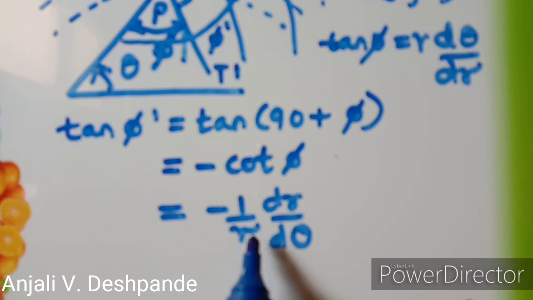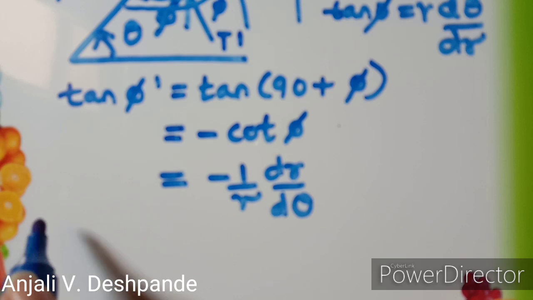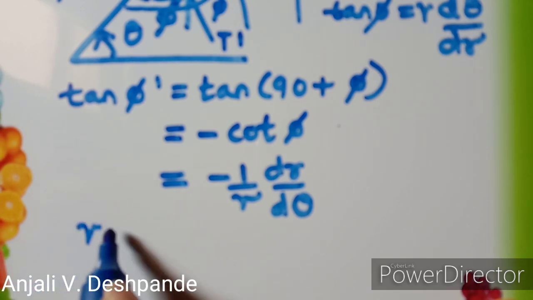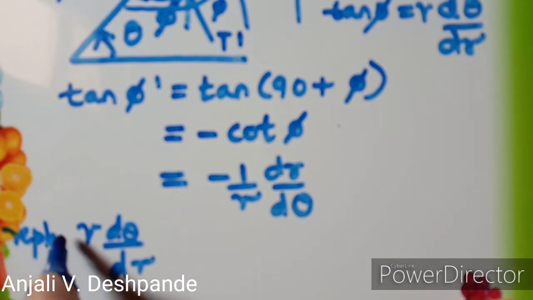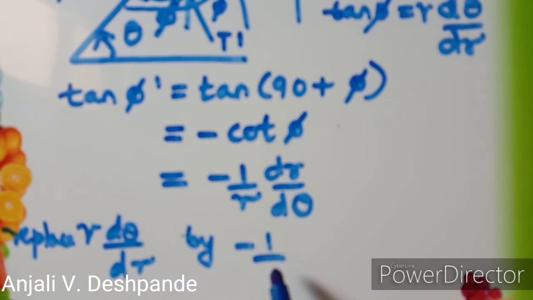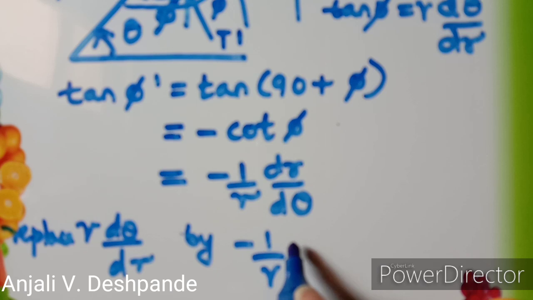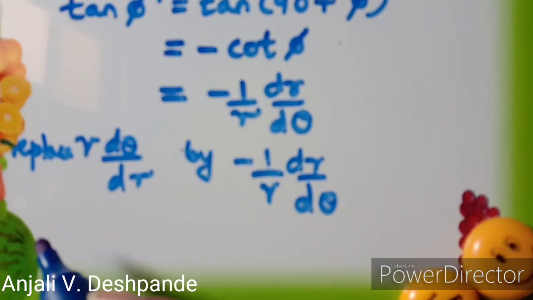Therefore, to get the differential equation of the orthogonal trajectory, we have to replace r d theta by dr with minus 1 upon r dr by d theta.